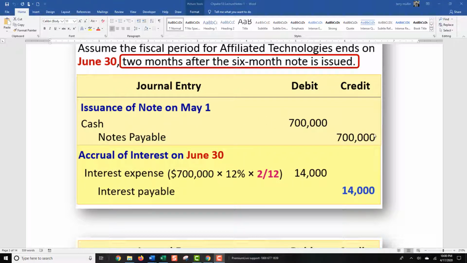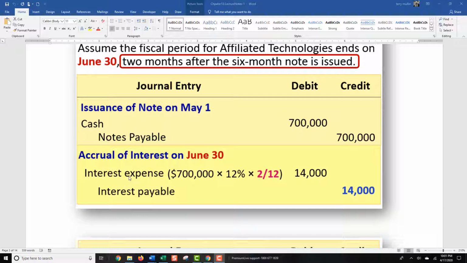Cash and notes payable. And then what you have to do, and what they're trying to point out here, is that 2 months later, because of the matching principle, you have to take and record interest expense and interest payable. The matching principle says revenue and expenses have to be recorded in the time period that they occur.